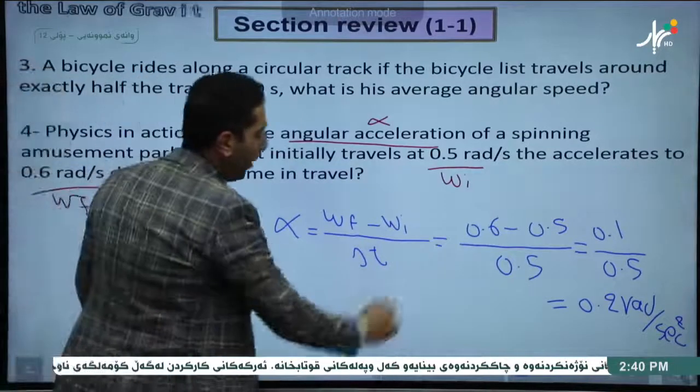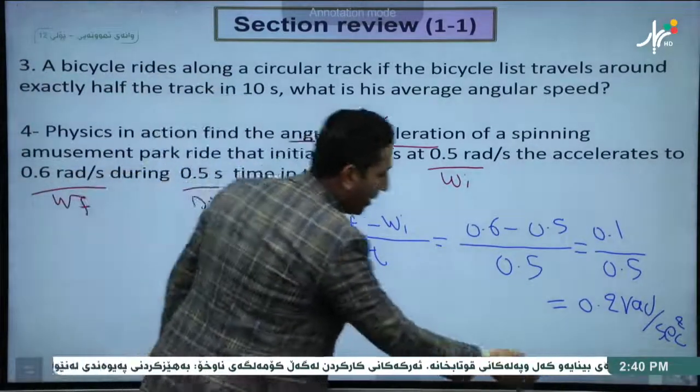That is it, we found the angular acceleration.